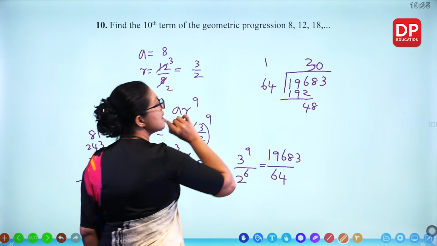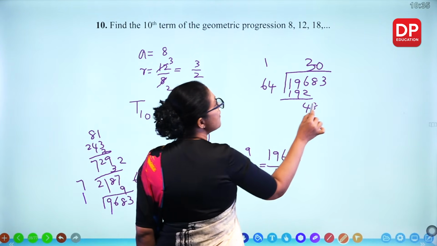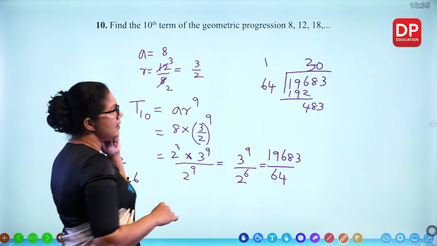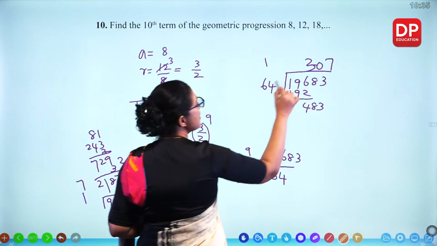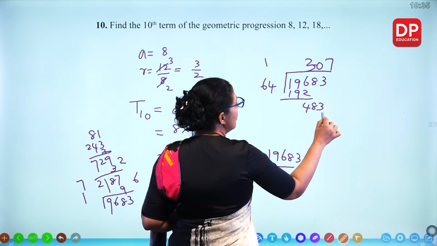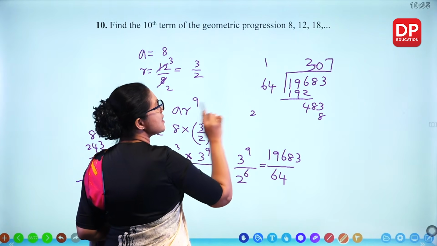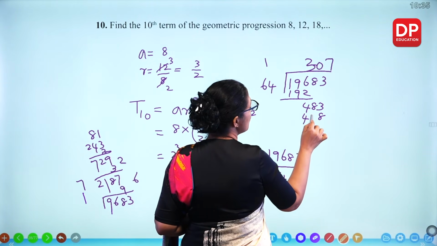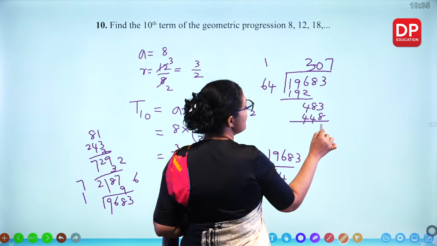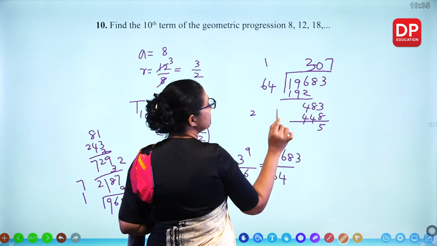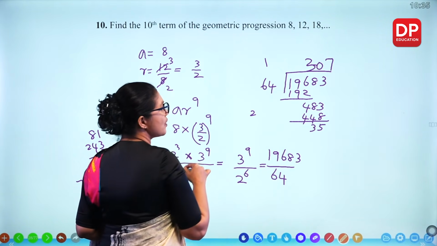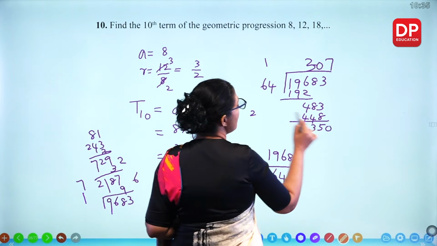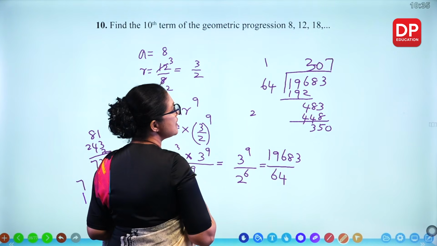Then for 483, you get 7. 7 times 4, 28. 2 remaining. 7 times 6, 42 plus 2, 44. When you subtract, you get 35. So again you can divide 350. How many 64s?